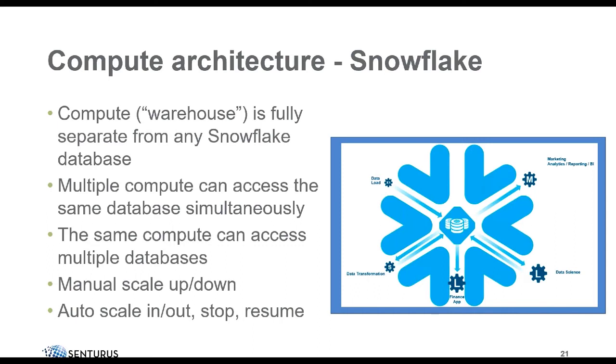So you can run your data transformation during the day without any concern, and it will not interfere with the other warehouses. So it's a little bit different from that standpoint, and it has the ability to scale out. I can create a warehouse that has multiple nodes associated to it.